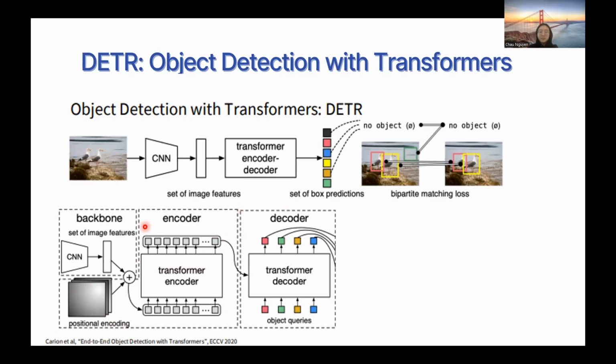What happens here is that the encoder processes this sequence of tokens in self-attention layers. Self-attention allows each of these image regions to interact with every other region in the image, which helps the model capture global context.